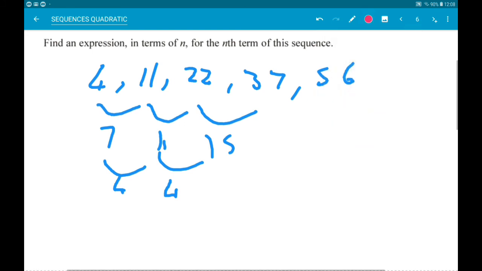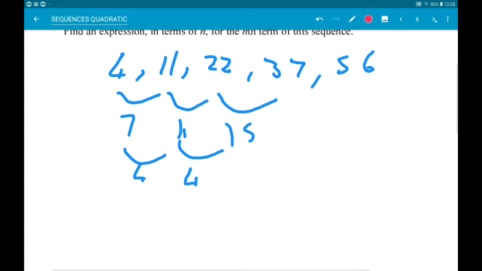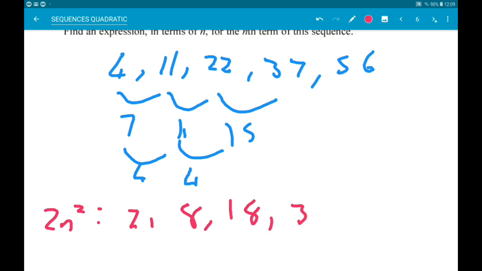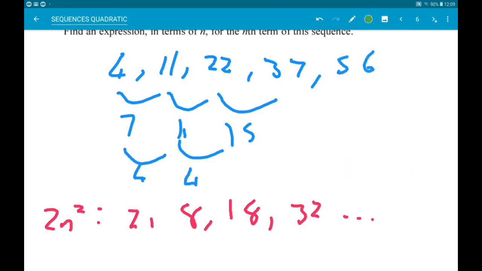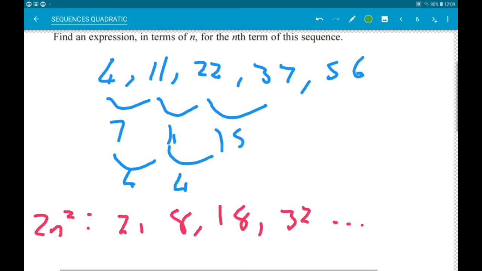So the quadratic part is 2n squared, which is 2 times our square numbers. So 2, 8, 18, 32, and so on. So we take the quadratic part out of the whole sequence to get the linear part.